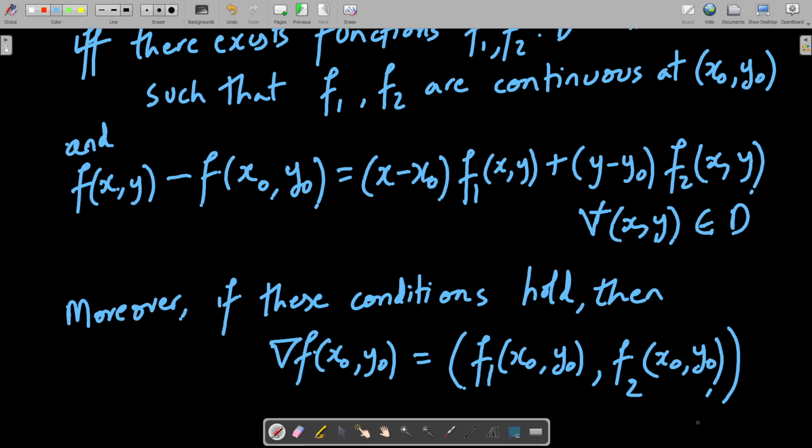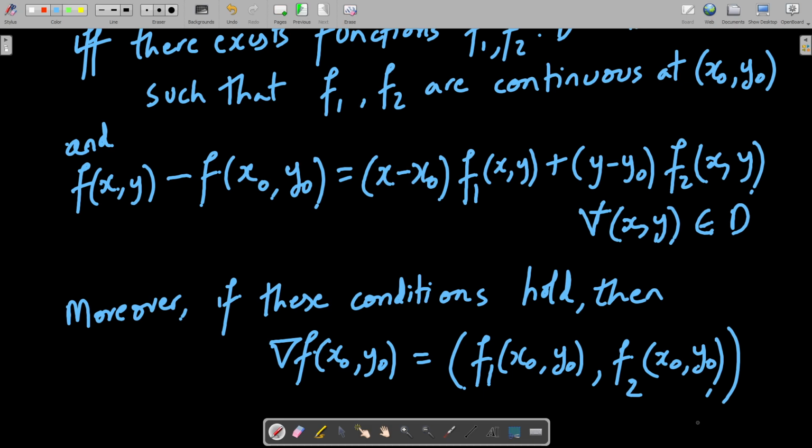But what was the gradient of f actually supposed to be? It was supposed to be the partial derivative with respect to x at (x0, y0) and the partial derivative with respect to y at (x0, y0). But over here I have written it as f1 and f2.